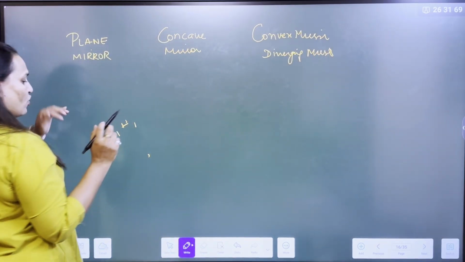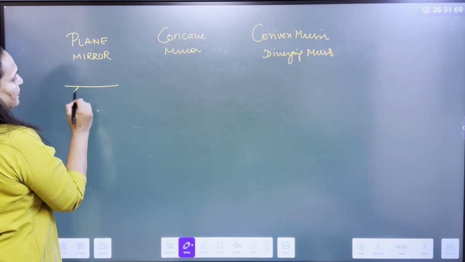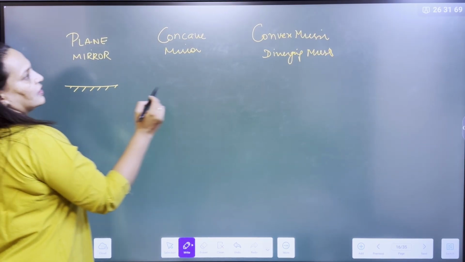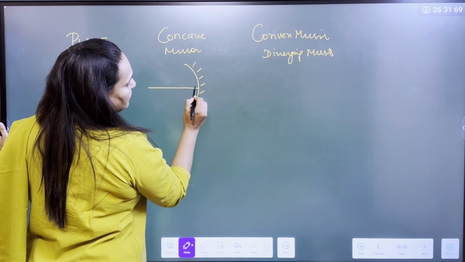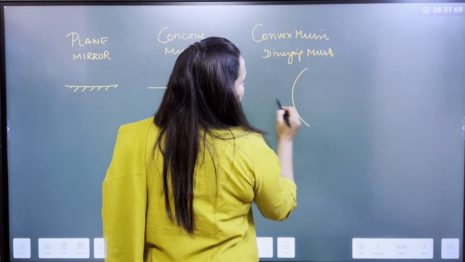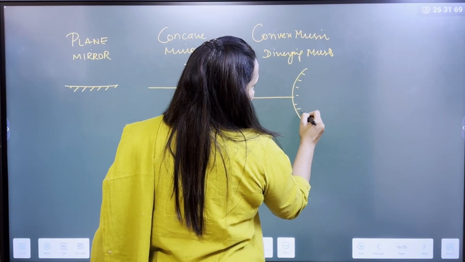So, plane mirror, how do we draw the plane mirror? This is my plane mirror. This is the concave mirror, deep inside, and here the bulging side is the reflecting side, right?